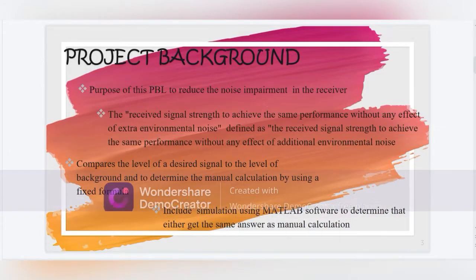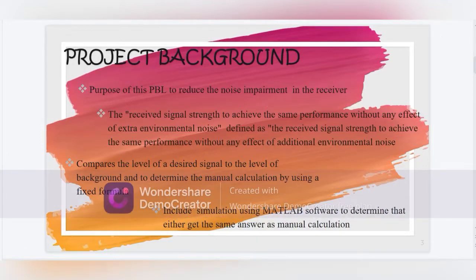So for the project background, first, the purpose of this PBL is to reduce the noise impairment in the receiver. Second, the received signal strength should achieve the same performance without any effect of additional environmental noise.